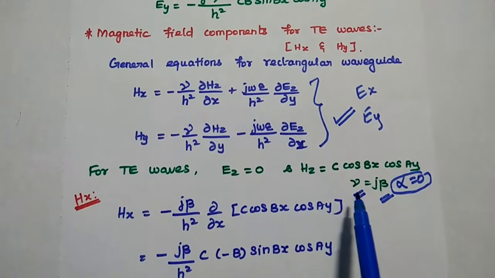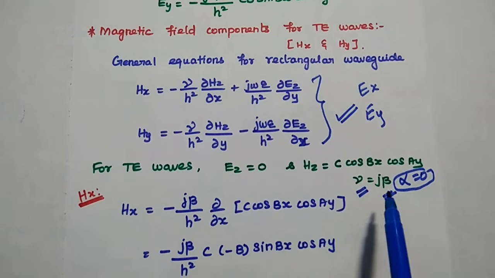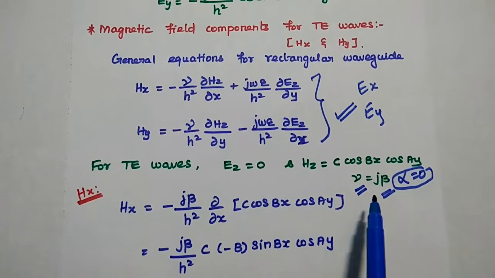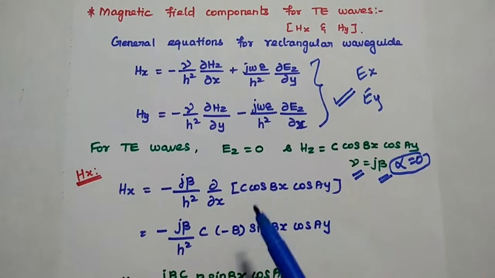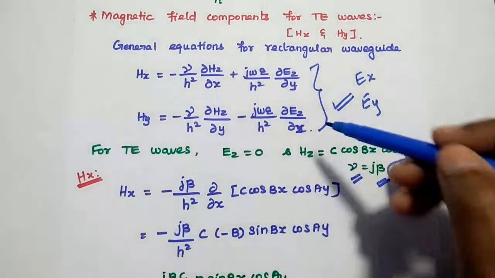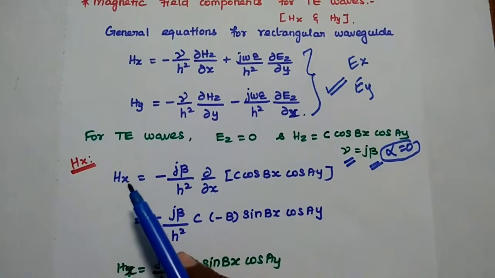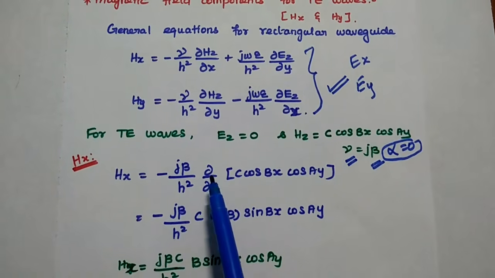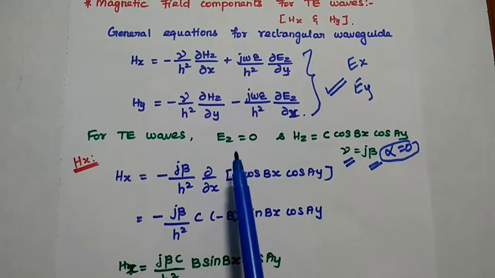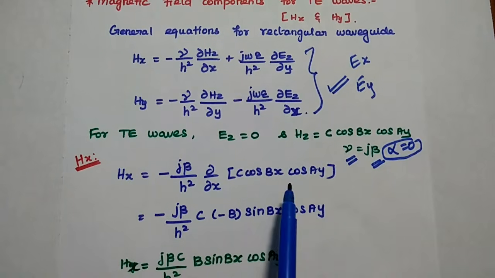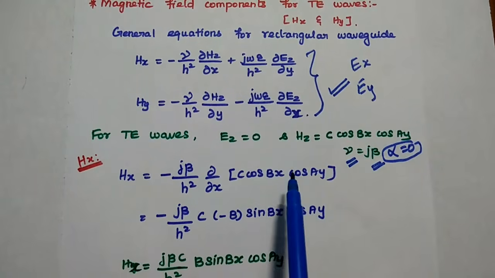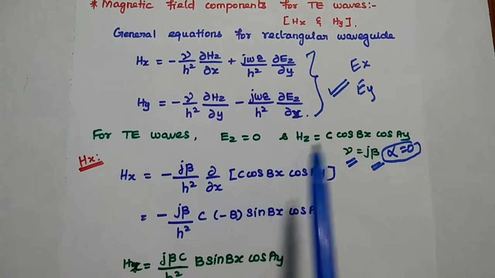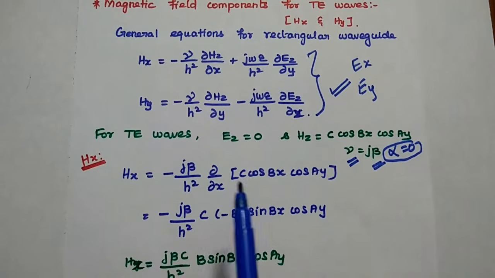Then the propagation constant gamma is equal to simply the phase shift constant j beta. It has only the imaginary quantity. Then these two equations can be written like this. Hx is equal to, gamma becomes j beta by h squared, dou by dou x. Here the Hz value is what? C cos Bx cos Ay. Correct? Just now we have derived. We can use that value directly over here.